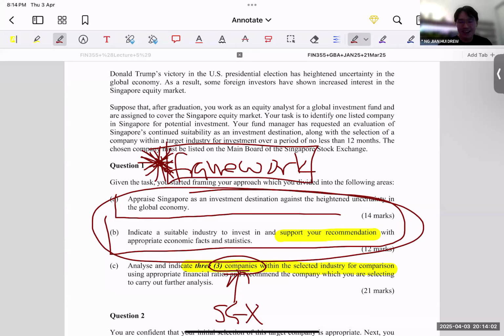It's an exchange market. It's not going to be wrong. You are still going to get the full marks if you use SGX. It's just that it's tougher. So there is no restriction in doing so, because I did not see any restrictions in that.